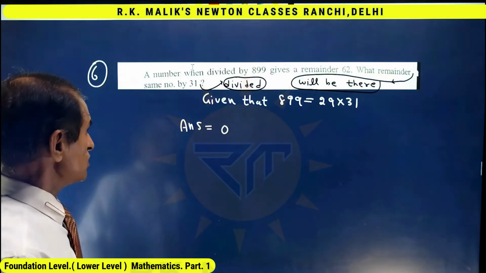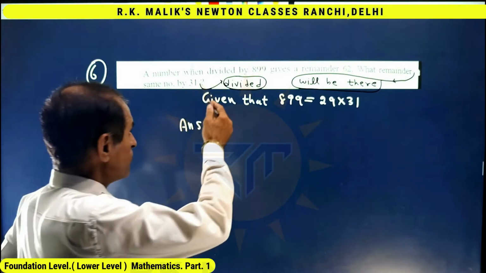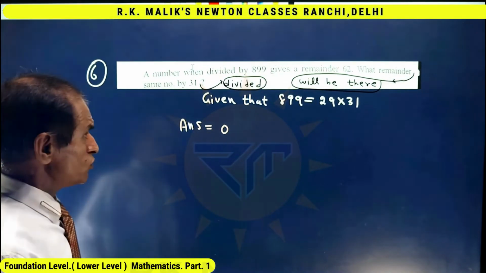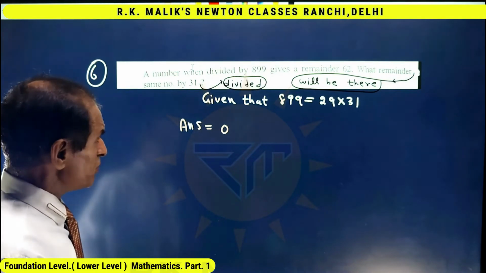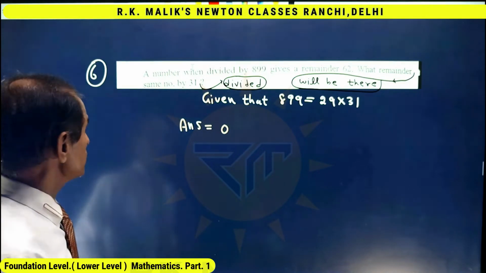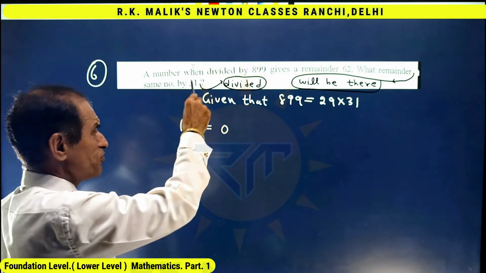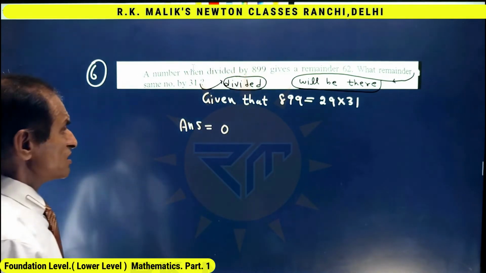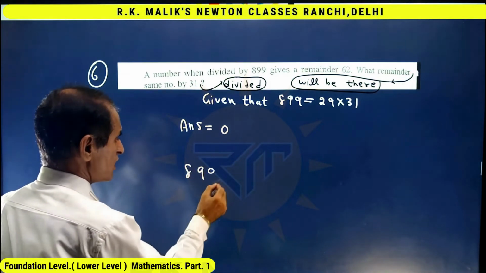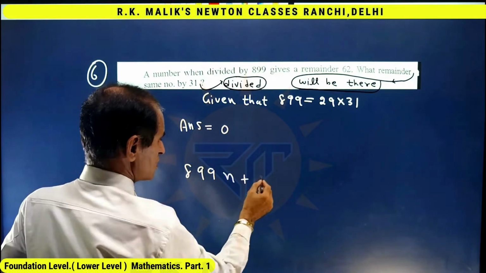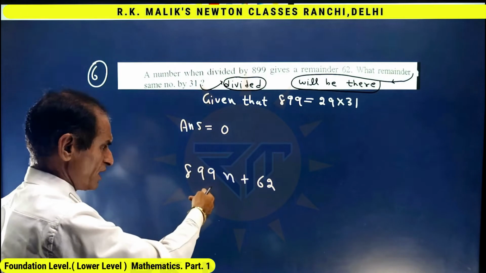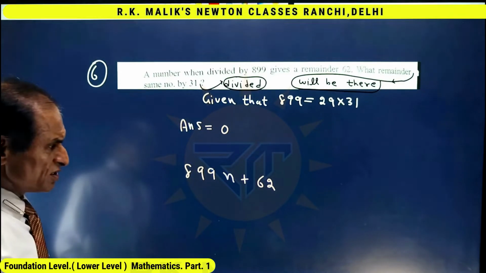And in this question it is asked that when a number is divided by 899, then we get the remainder as 62, and we have to find when the same number will be divided by 31, what will be the remainder. It is obvious that the number which is being divided by 899 is sure to be in the form of 899n plus 62, because it is clear that when this is divided by 899, remainder will be 62.